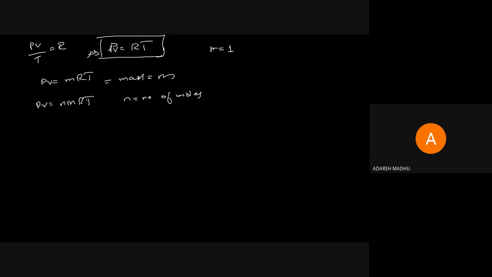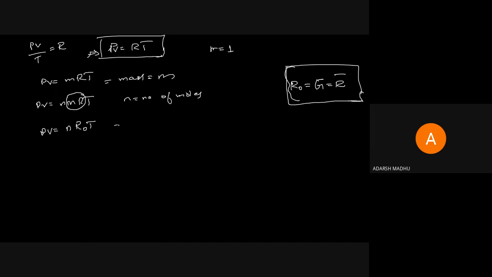So NM into RT. Last session I told about the universal gas constant, G or R naught, anything. That is M into R, mass into R. We can take PV equal to N R naught into T. In some textbooks it is used as R naught, in some it is known as G, and in some it is known as R bar.